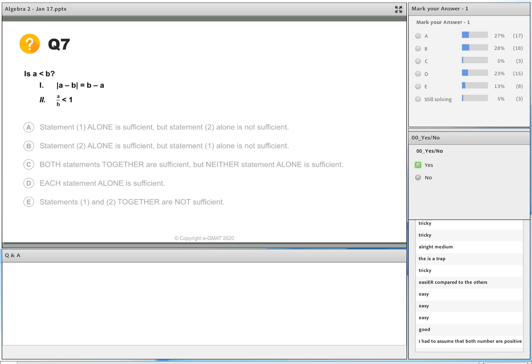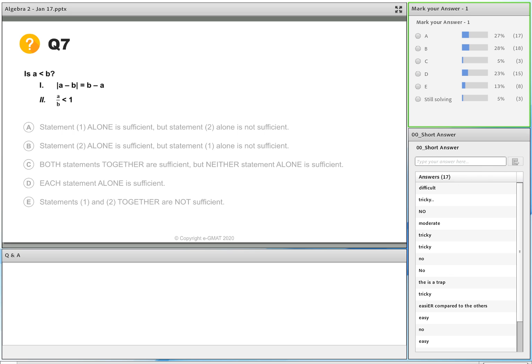Would you assume that in an exam scenario? Guys, yes or no? Never. Never assume something that's not given in the question. Dhaval, a very, very important learning for you. Am I clear to you? And to everyone else, we cannot assume anything that's not given in the question statement explicitly.